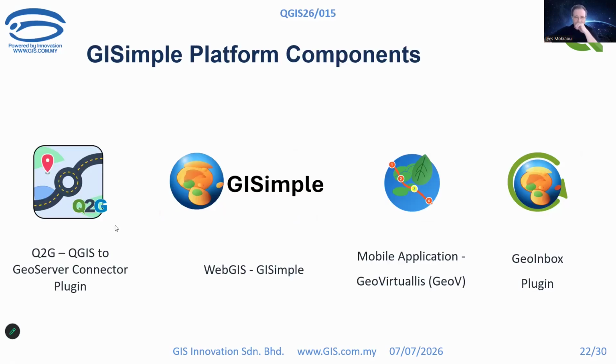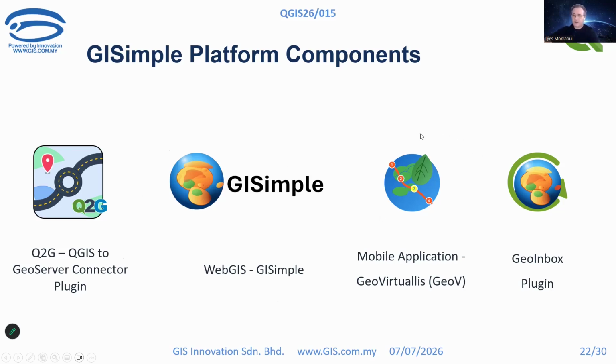Like in this case here, what we are doing is, for example, we have Q2G in QGIS that helps to send the data to GeoServer, and then we display them in GIS Simple, which is our web-based platform.